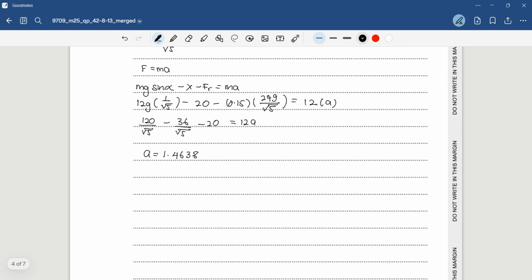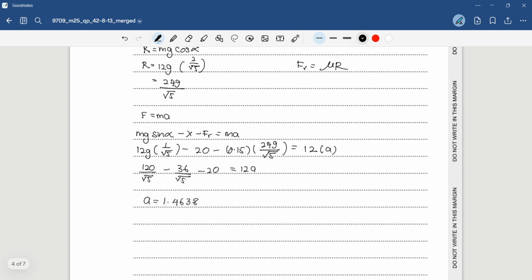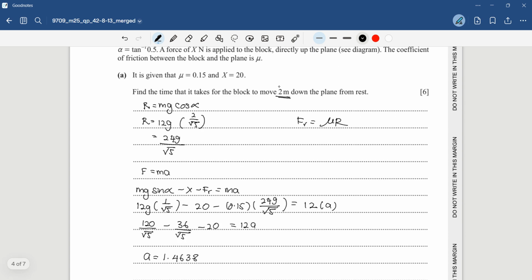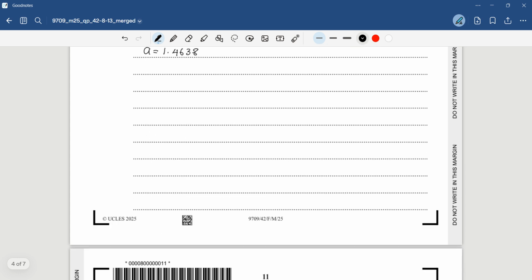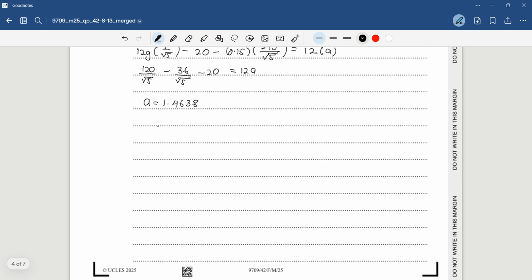Okay, so this is a constant acceleration, so we can now use the SUVAT formula to find the time. You can see it moved 2 meters, and I said the downward direction is the positive direction already. So I just directly use S equals ut plus half a t squared.